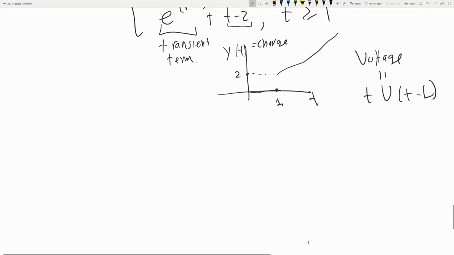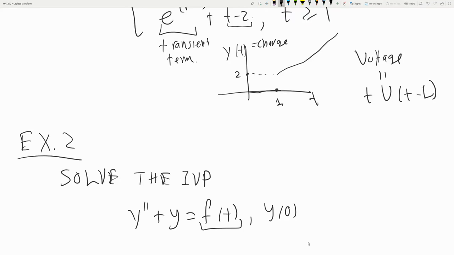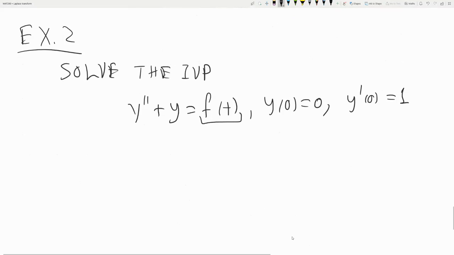We have time for one more. Yeah, let's do it a little bit quicker. I'll just give you some of the main ideas, so at least you have another example. Solve the IVP. I will say what f is. Y prime of 0 is 1. So I wanted to do an f you haven't seen before.